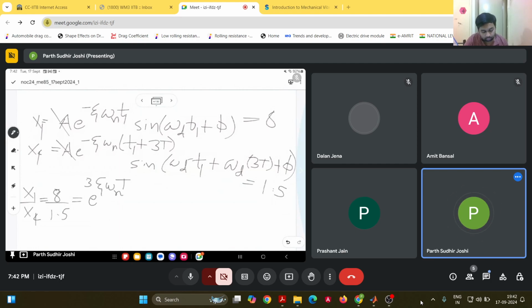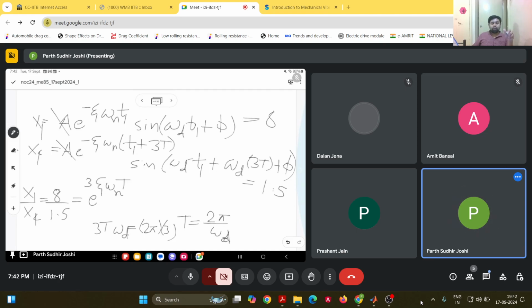The time period T is 2 pi by omega d, so 3T into omega d is 2 pi into 3, an integer multiple of 2 pi.